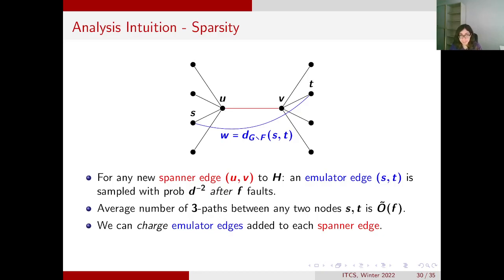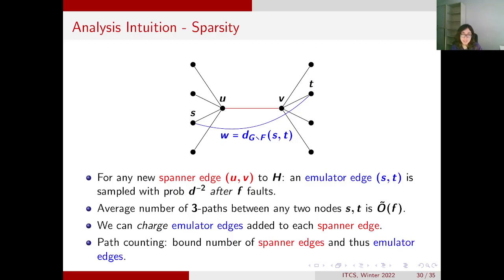So in our analysis, we can bound the number of emulator edges being added based on the number of spanner edges being added. And then the path counting: we count the number of 3 paths that we could sample from, and use this to bound the number of spanner edges and hence the number of corresponding emulator edges.